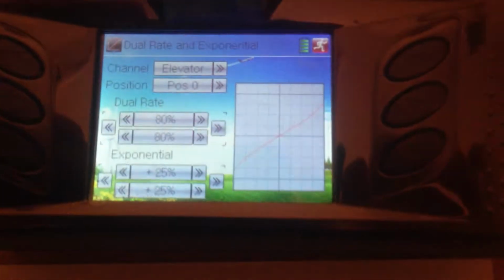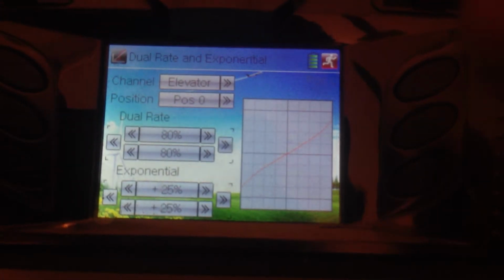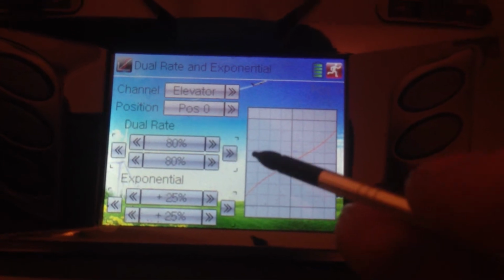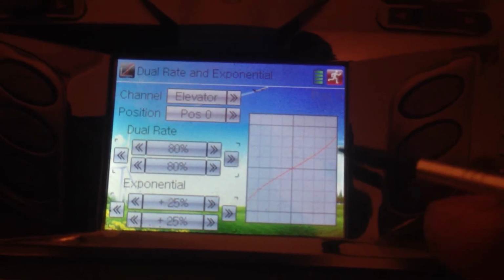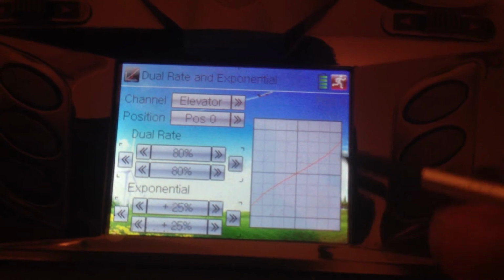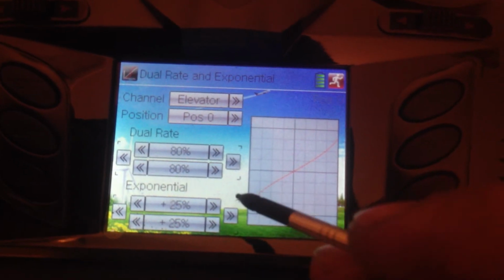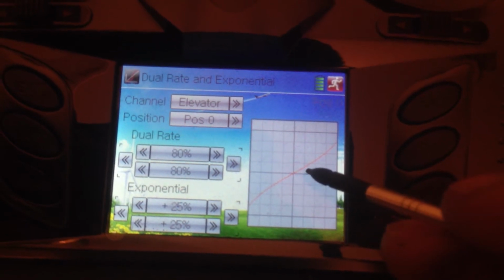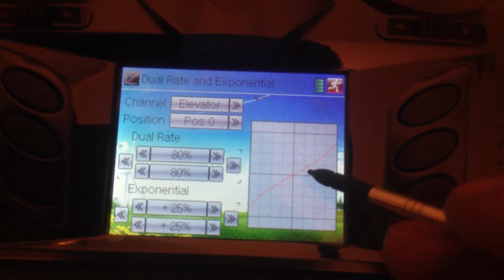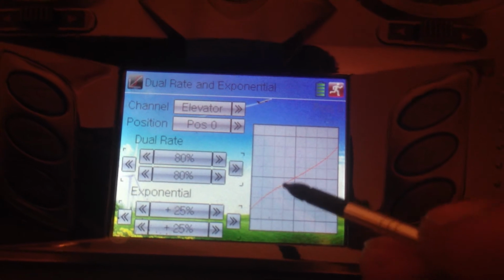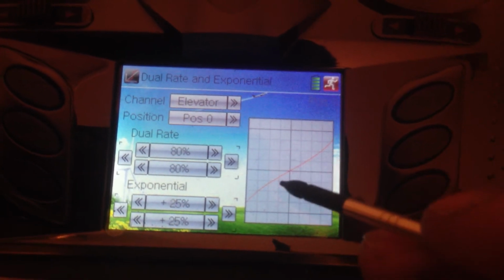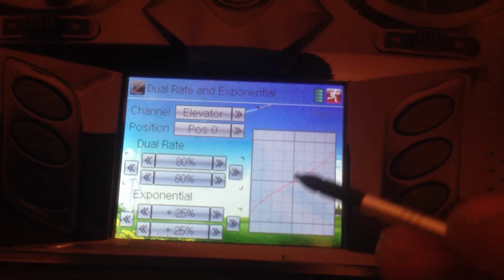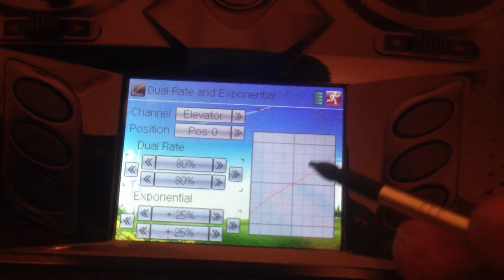I'm sitting here, if you can see, I have my elevator dual rate set at 80%. So my servo is only going to move 80% of its value, right? My exponential is set at 25%. So my line here, as you see, comes low and then it comes high. So in this region, it's going to be very easy for me to fly, versus if it was a straight line, it would be a lot more responsive.